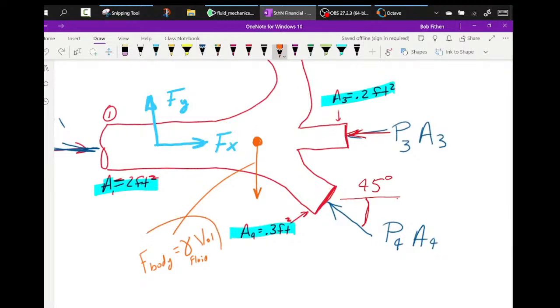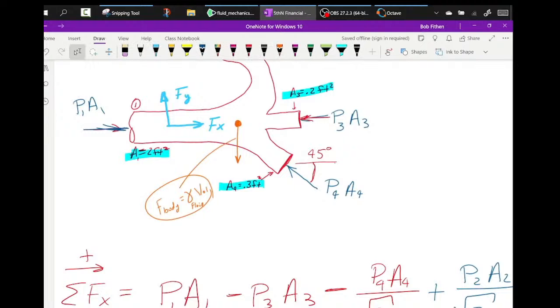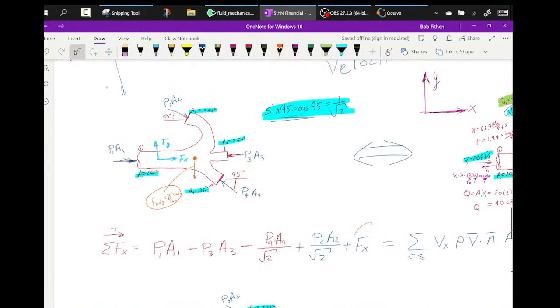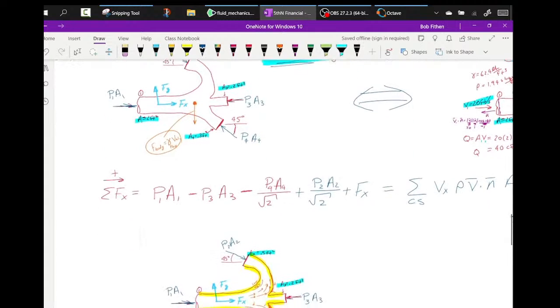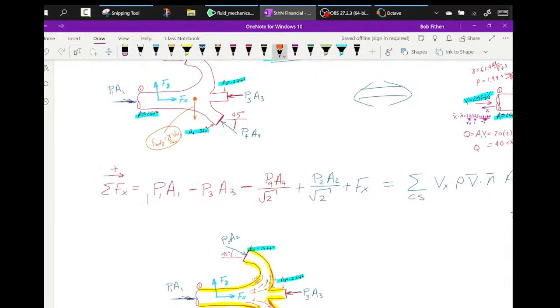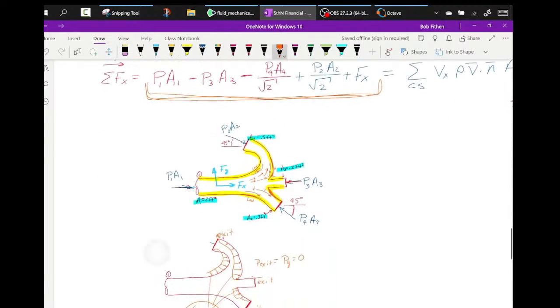So I'm going to go ahead and include that, but it doesn't appear here. There's no X component here. So again, these are all surface forces. There's nothing magical about it.